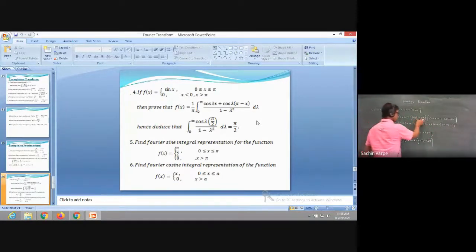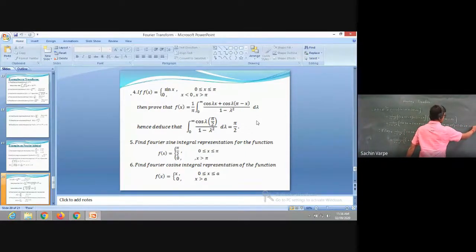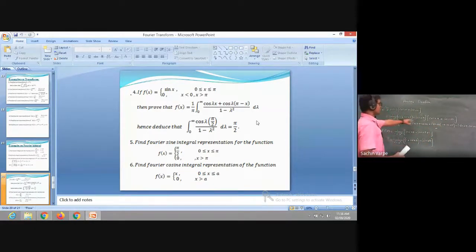Minus this term into cos of lambda x: minus i into sin lambda pi into cos lambda x, right? And minus, plus, minus i into i square, which is minus 1. So minus minus will be plus sin lambda pi sin lambda x.